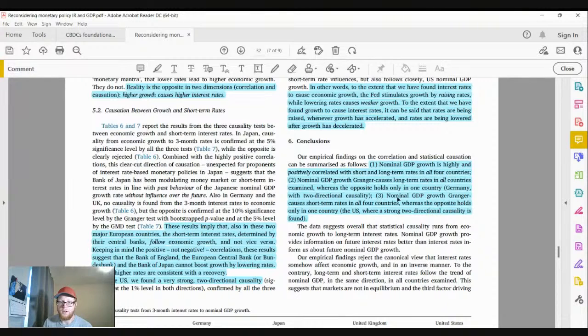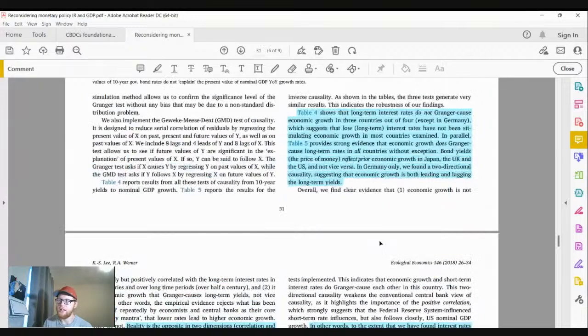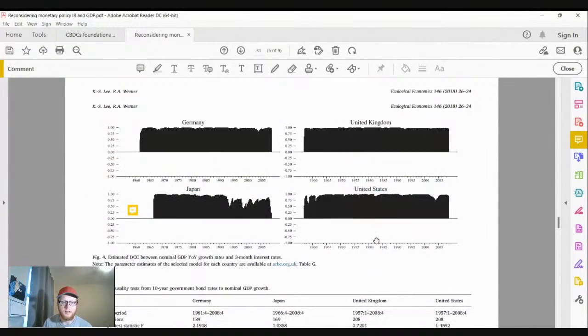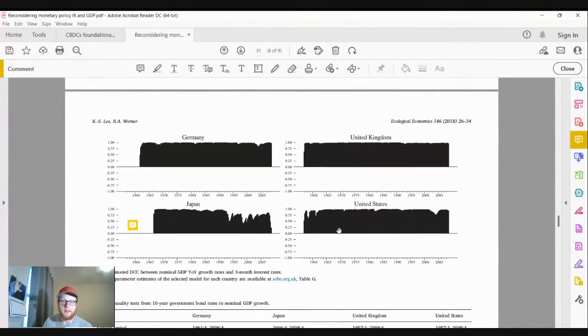And three, nominal GDP growth Granger causes short-term rates in all four countries, whereas the opposite holds only in one country, and that's the U.S., right? And so I misspoke earlier. The Granger test is testing the causation, it seems, so literally saying that the interest rates cause GDP growth.